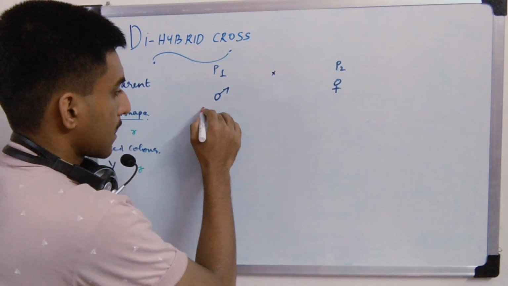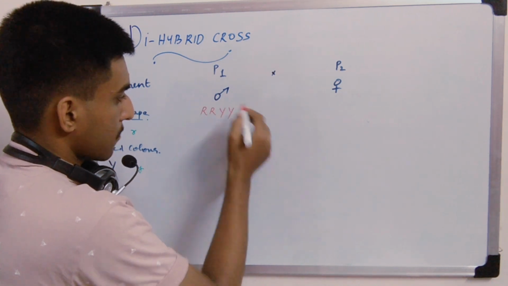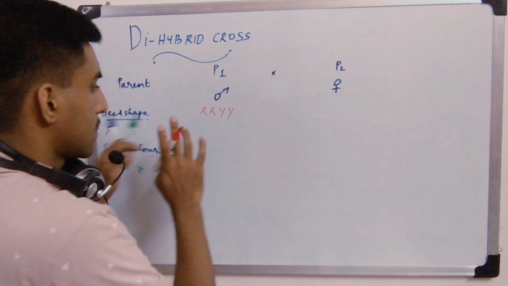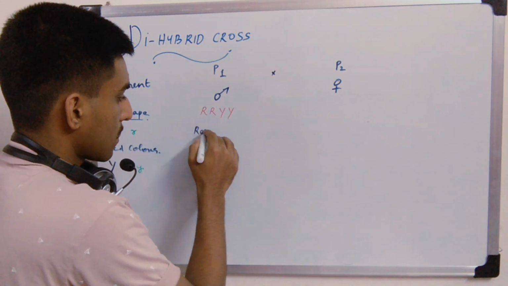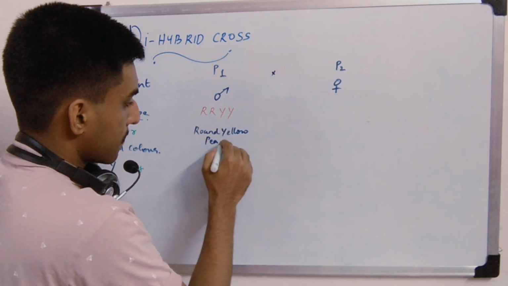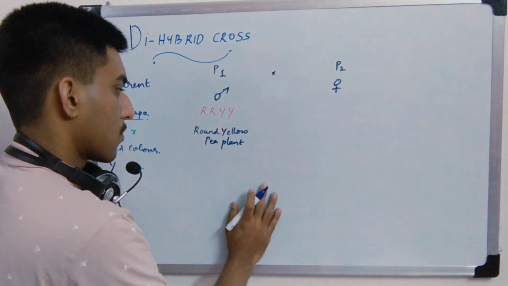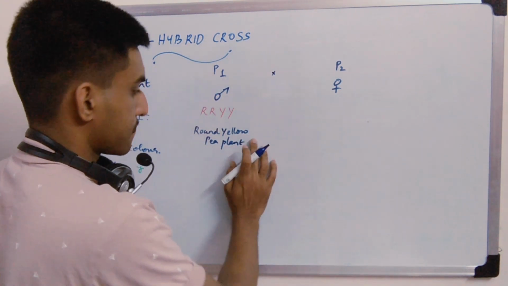Okay. So parent 1, homozygous dominant: capital R, capital R, capital Y, capital Y. So what will be its phenotype? The phenotype will be a round yellow pea plant. Round yellow means round seed, yellow color seed, right? Pea plant.